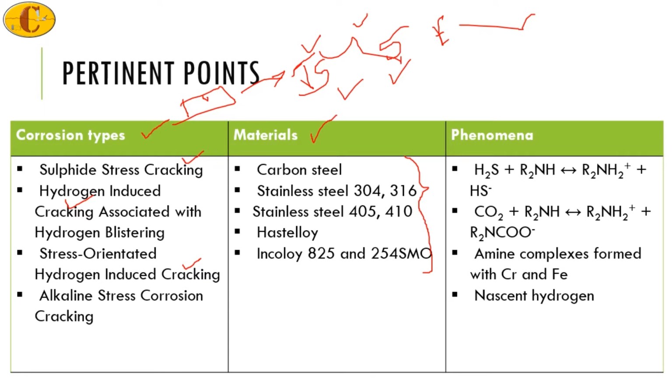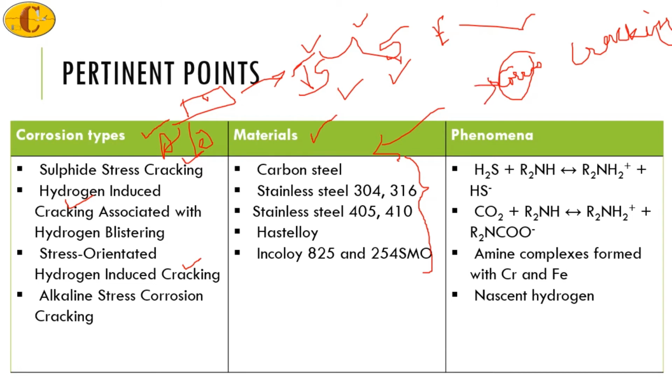This refining of material selection is done by remembering that the cracking occurs only after there has been some kind of corrosion. Hence, the first phenomenon that occurs is corrosion. Only after corrosion you have the cracking. Hence, the material selection is based on the resistance to corrosion as well.